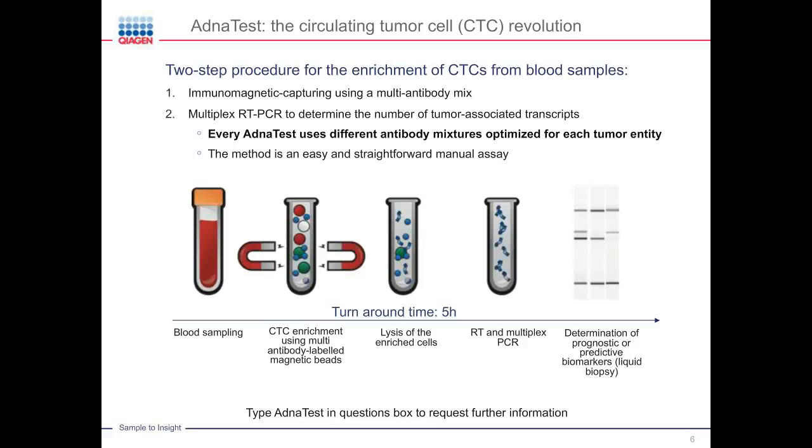So after the whole procedure, the amount of contaminating leukocytes is in the range of about 1,000 leukocytes. By using a special procedure, which I will mention later, we can even reduce that to 150 leukocytes, and this already gives you access to the overexpression profile of many genes that are quite special for CTCs and not for the contaminating leukocytes.